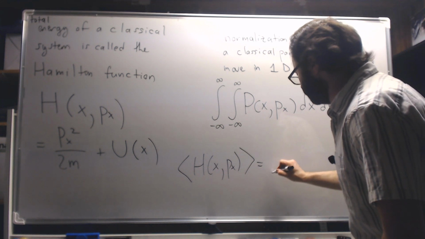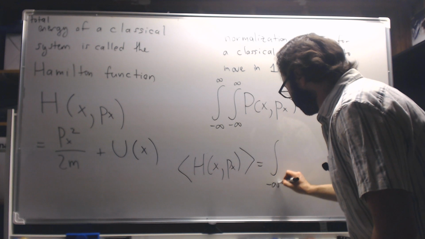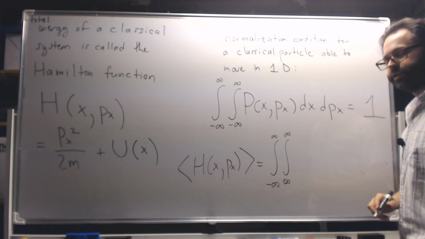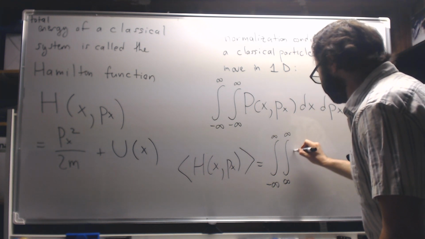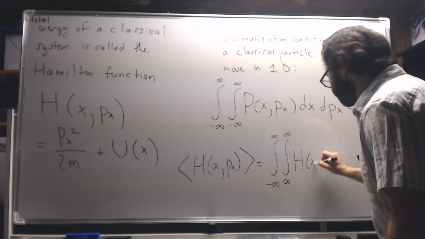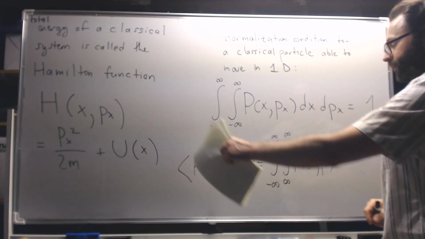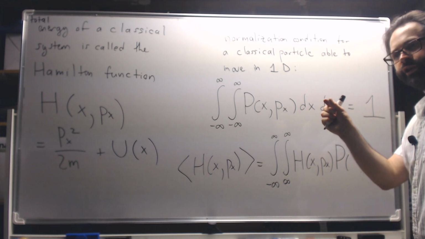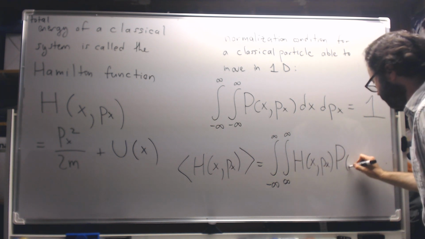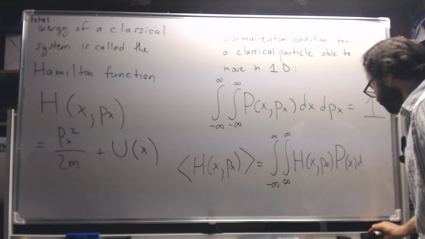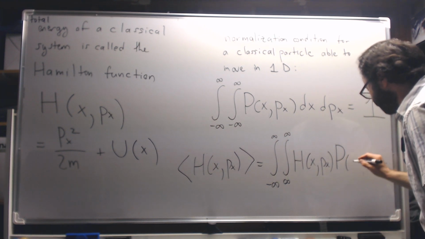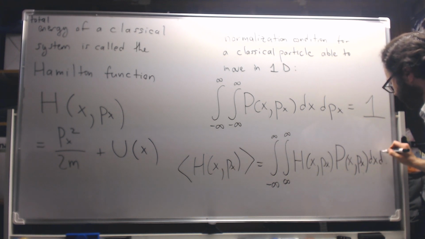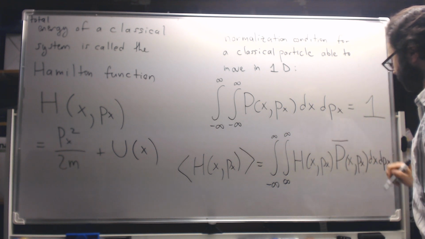What we would do is integrate over all space and all momentum values, or sum over all the quantum states if this was a discrete system, of the classical energy as it depends on position and momentum, times the probability that the particle has position in the small interval dx around the point x, and that the particle has momentum px in the interval dpx.